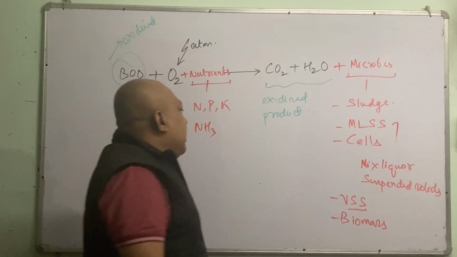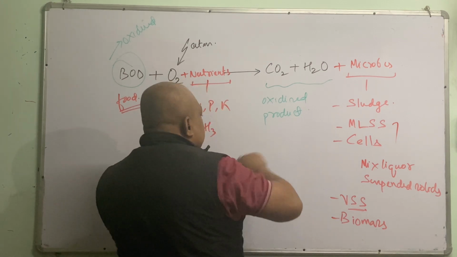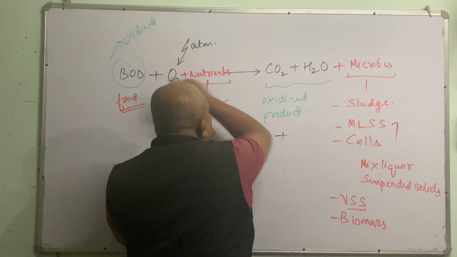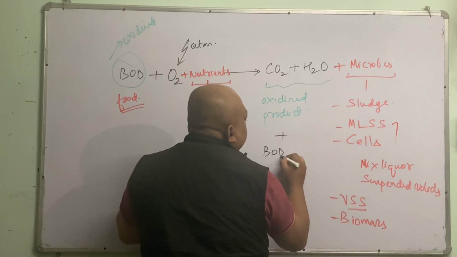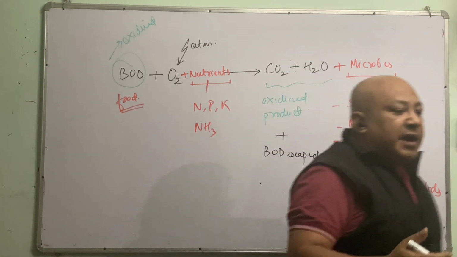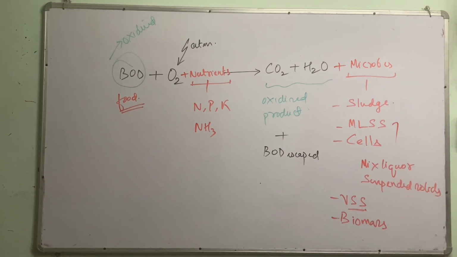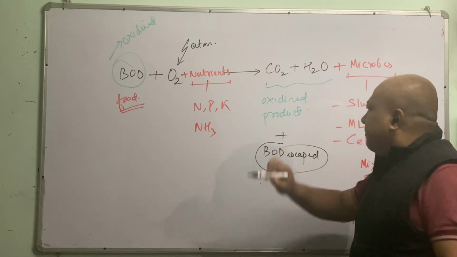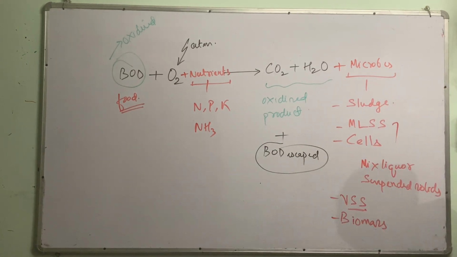Plus, I'll say, it also makes some BOD escape. BOD escape means some of the BOD is not removed, rather it escapes out in the effluent. So this may be maybe 20%, 30%. Okay, so this is the basic fundamental.